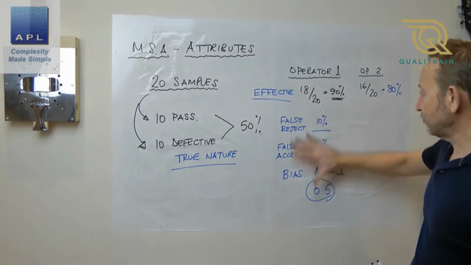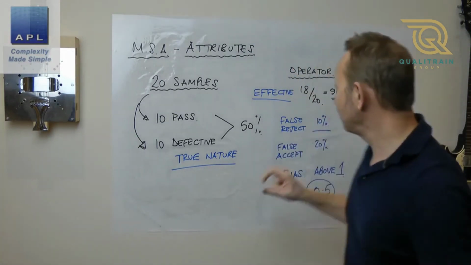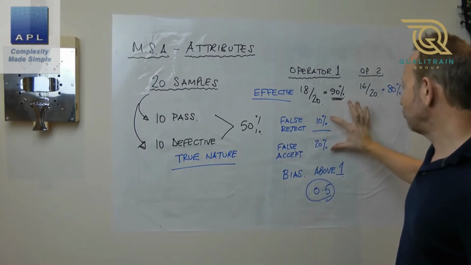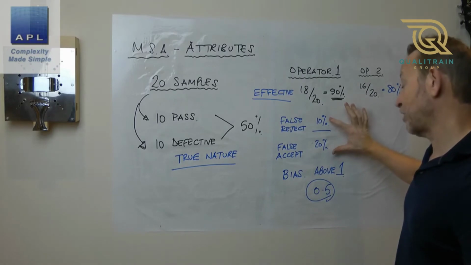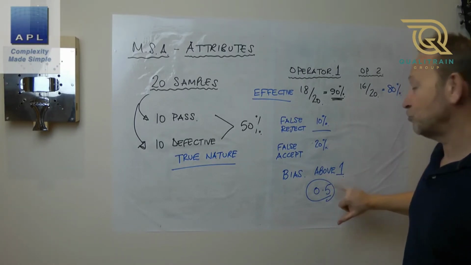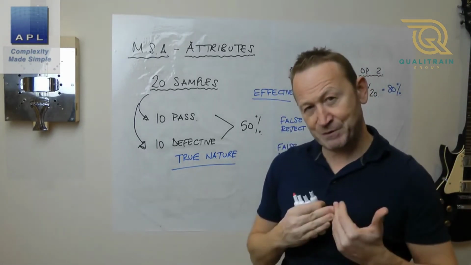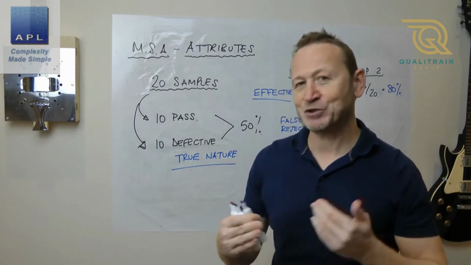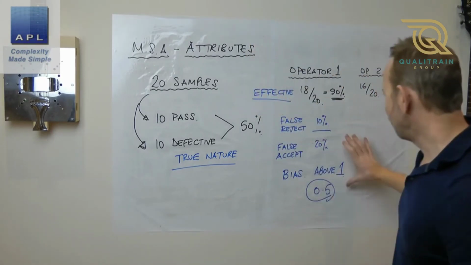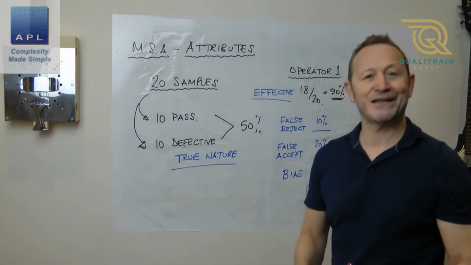So those are the statistics that you work out in an MSA for attribute. You check to see if they are overall effective. You check the bias, the false reject rate and the false accept rate. You check that the bias is such that they are too tight. They are keeping the mistakes in-house instead of pushing the mistakes to the customer. So as long as we're too tight, the mistakes that we're making stay in-house.